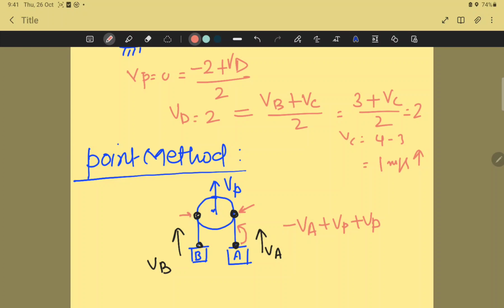And this next point is moving with Vb. Since this length is decreasing, I can put minus Vb, and all must be equal to 0. So we can see Vp is equal to (Va plus Vb) divided by 2. Same formula we have discovered earlier.